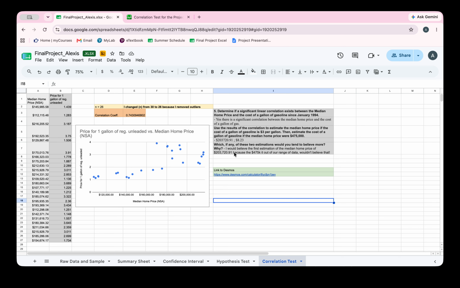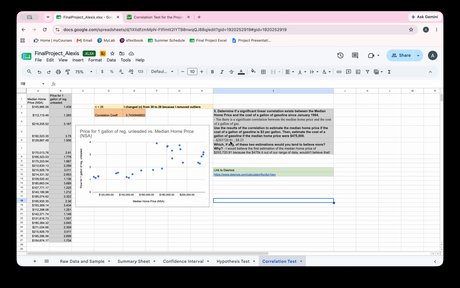And you can see the intersection here is 8.23 per gallon. So with these two estimates, I answered the question. I tend to believe more the first estimate, predicting that the $203,720.91 home price is based on $3 gas. The reason is the gas price of $3 falls comfortably within the range of the actual sample data, which spans from 1.14 to like 3.91.